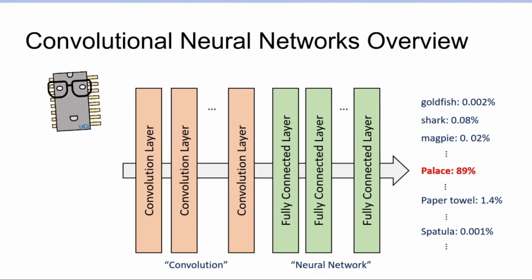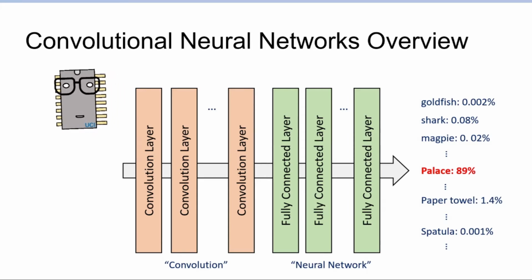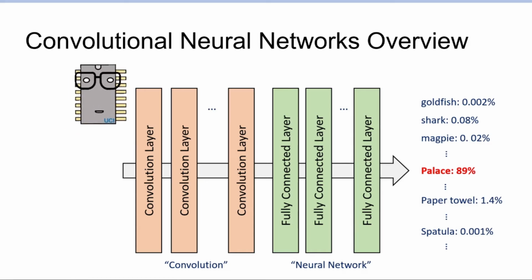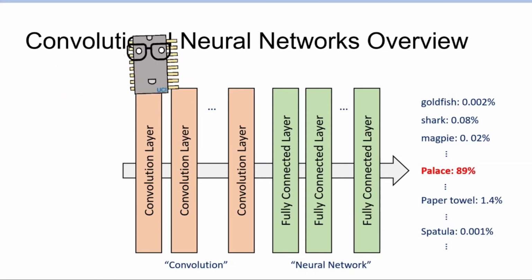For example, recurrent neural networks, LSTMs, autoencoders, attention-based networks, all this stuff, they all have different looking architectures. But since deep convolutional neural networks are one of the first and easiest to understand, we're going to focus on that.